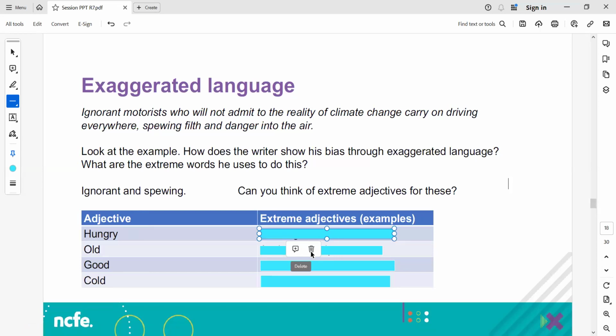Starved or starving. Any others? Okay, let's have a look. Famished, nervous. Not sure about nervous. Yeah, starving, famished. Okay. Old. What could we use instead of old?